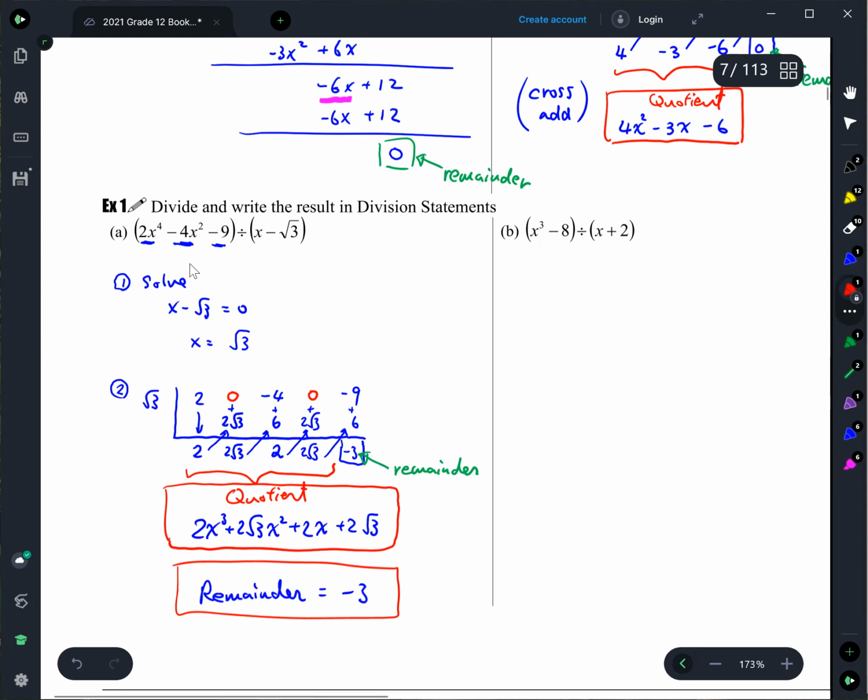In the homework, I'll be giving you questions similar to this. You need to find the quotient and the remainder. All these are skills that we need in order to do the polynomial equations next week.